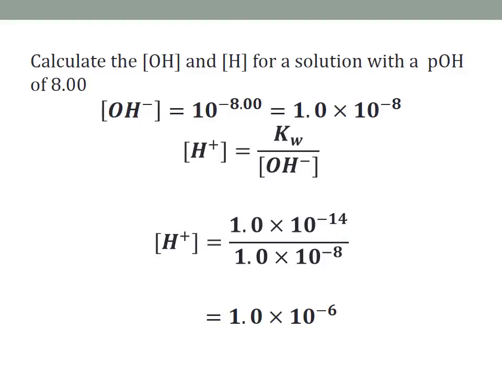Negative 14 minus negative 8 is negative 14 plus 8, which is negative 6. So we get 1.0 times 10 to the negative 6. And here again, we started with two significant digits, so our answers must have two significant digits, as we've seen here.